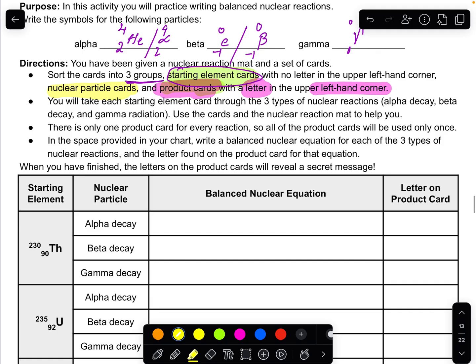Okay, first go ahead and find the starting element, which is this. You are going to write the starting element on the sheet given there. You are going to place the alpha particle. So get the alpha particle.